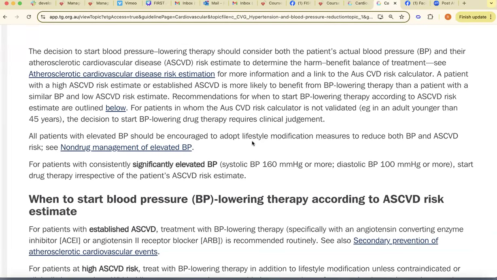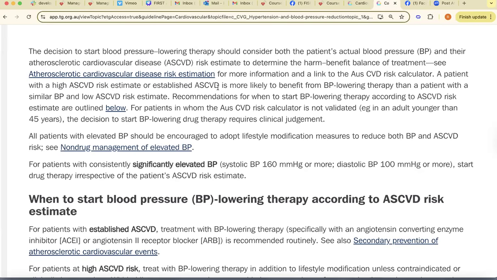Before we think of starting a patient on antihypertensive medication, the first thing we do is a risk calculation. The risk calculation is what we call atherosclerotic cardiovascular disease risk estimation, ASCVD.